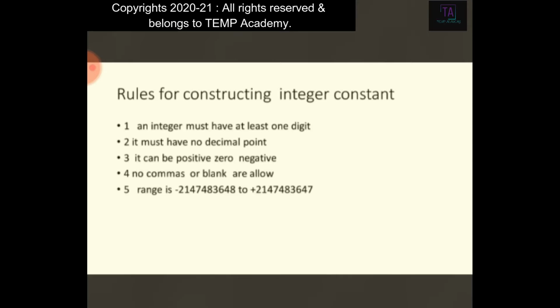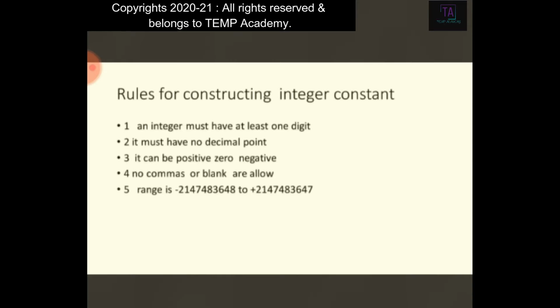We cannot take something like 1.1 or 3.0. We cannot use a decimal. Next, it can be positive, 0 or negative. It can be positive 1, 0, -1, or any positive value, negative value, and 0 we can take.